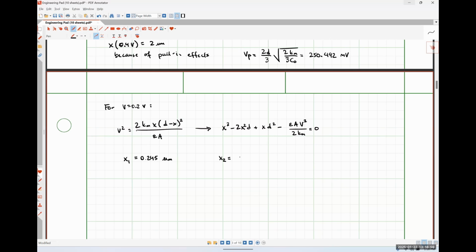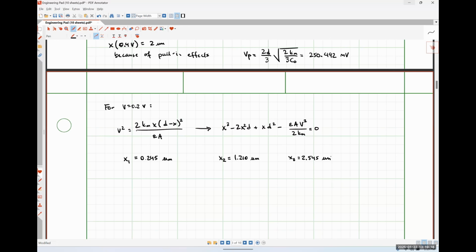X2, I found to be 1.210 microns. And X3, I found to be 2.545 microns when I solved this thing.